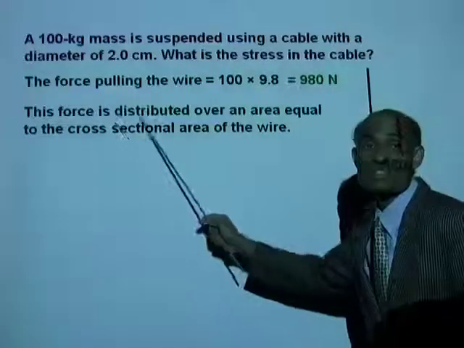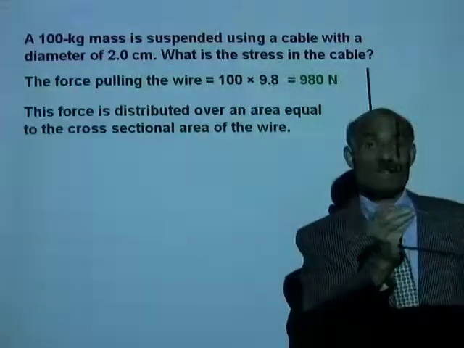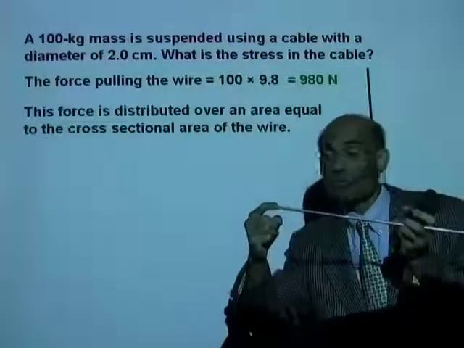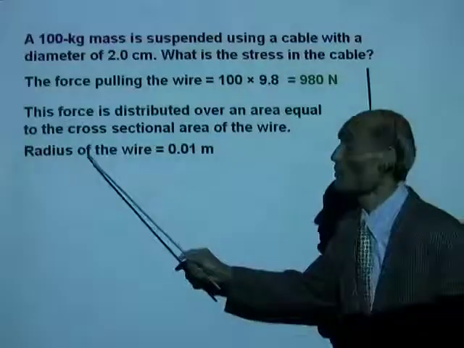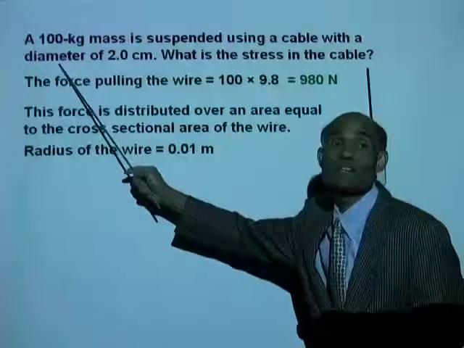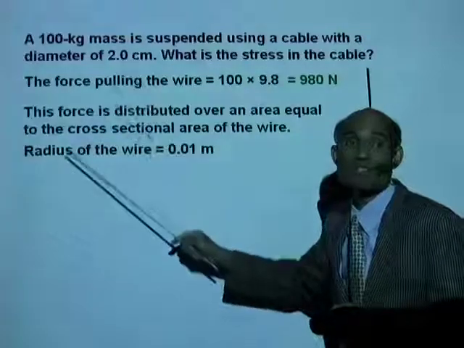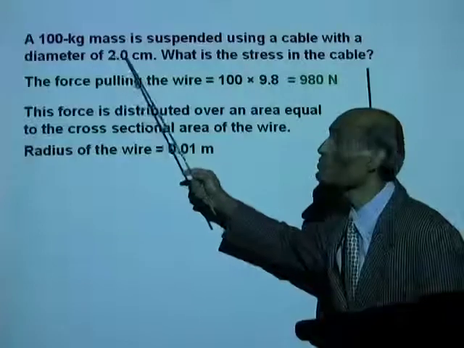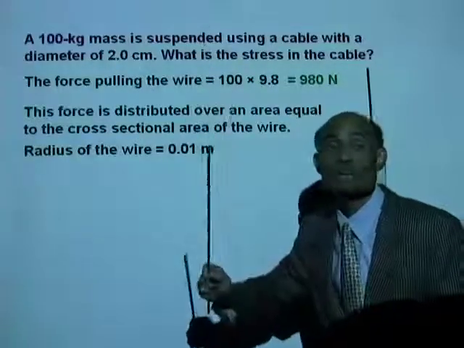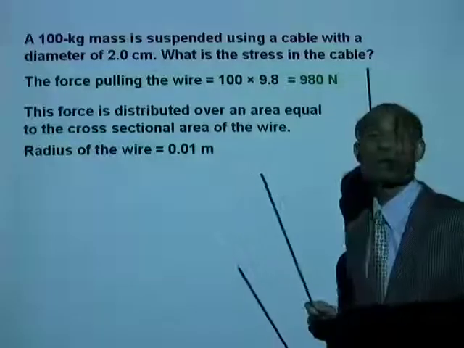And this force is distributed on what area? It is distributed over the cross-sectional area of the wire. We are given the diameter. If the diameter is 2 centimeter, the radius will be 1 centimeter, that is 0.01 meter.